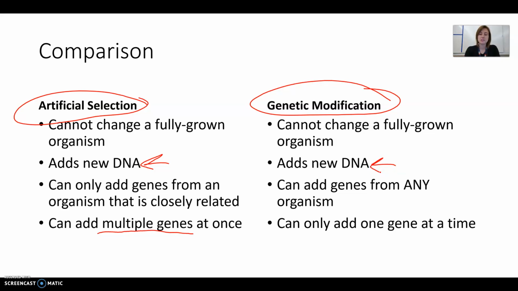It can add genes from any organism. Antarctic toothfish and tomatoes are not closely related at all. In fact, one is an animal and one is a plant. But we could still take the gene out of the fish and add it to the tomato. So you can add genes from any organism, but you can only add one gene at a time. Like I said, they didn't add genes for like a tail and scales and stuff. They just added one gene at a time.